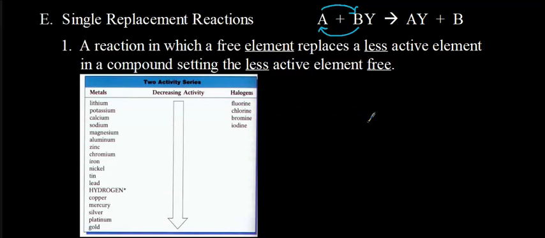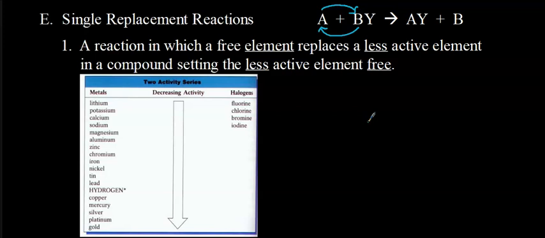How about gold? What can gold replace in a single replacement reaction? Go ahead and answer that. Gold cannot replace anything. So remember, those halogens are not underneath gold. They're their own separate list. So gold can't replace anything. What can platinum replace? Platinum can only replace gold.